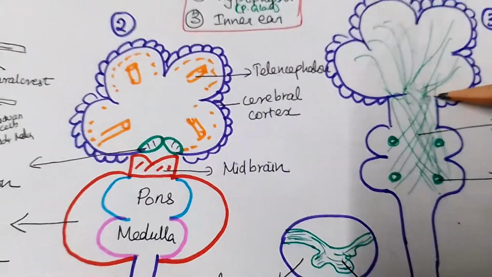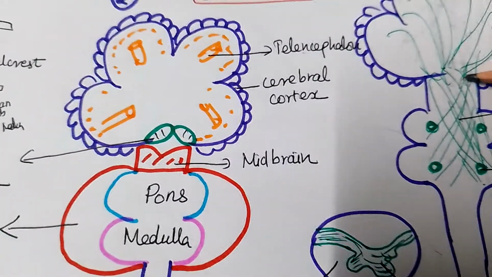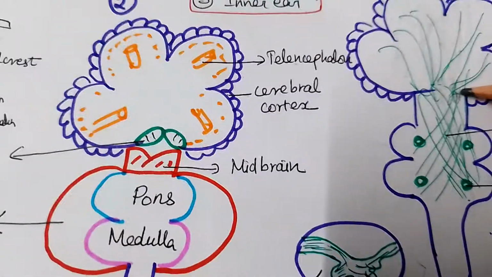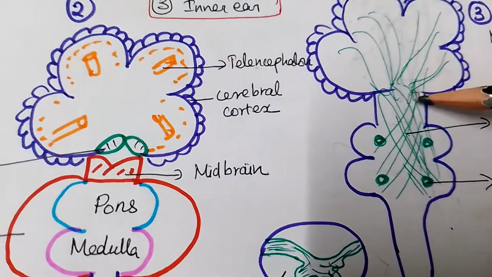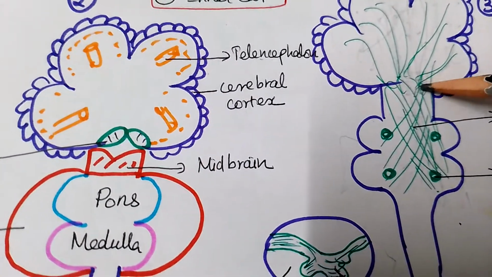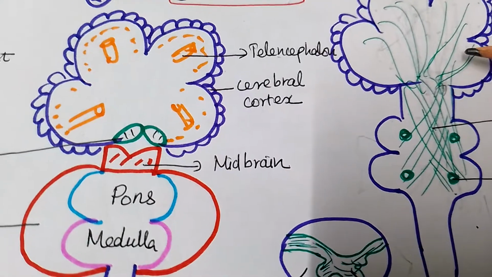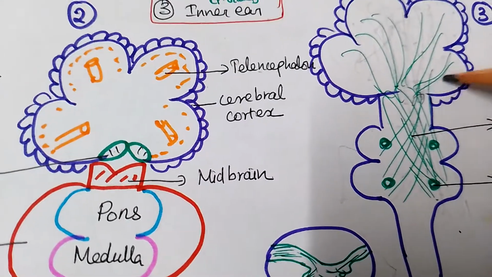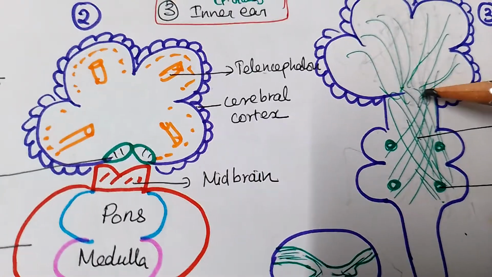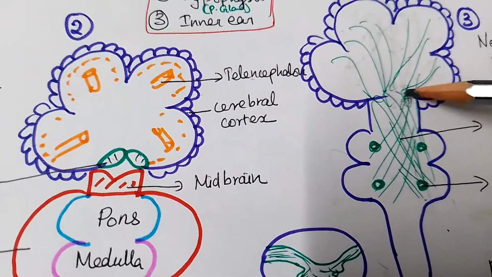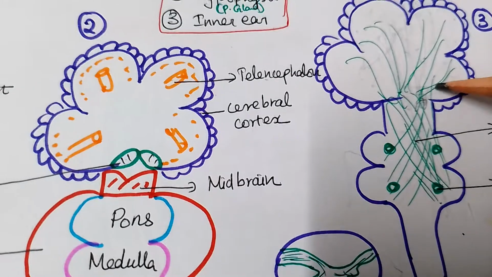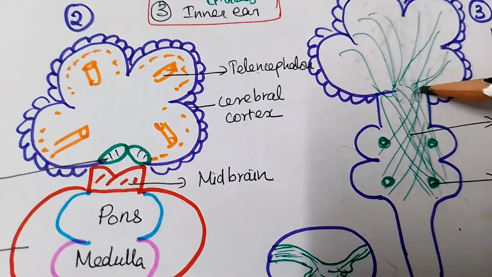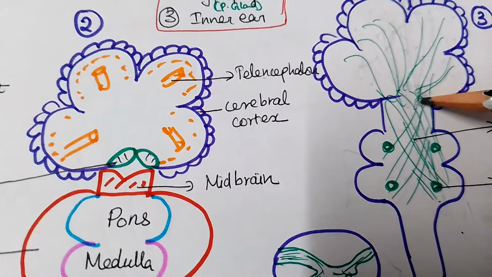Why in the deeper portion of the white matter is there gray matter? Because, for example, the bulk of the nerves are passing through, and nuclei are present in each nerve, so that bulk forms what is called the basal nuclei.